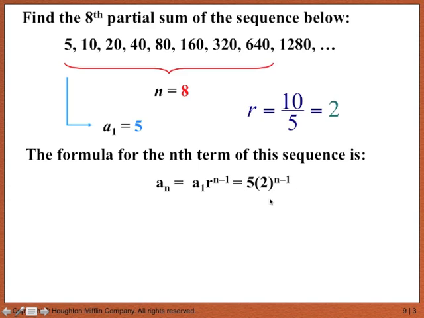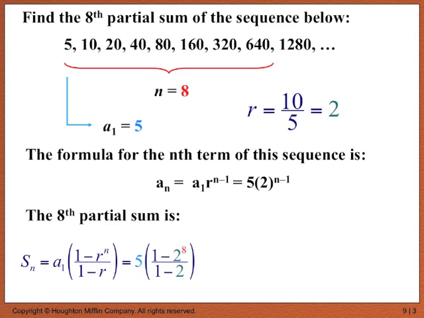And I'm asked to find the eighth partial sum of it. How do we do that? Well, you could do it the long way, going through the steps 8 times, or you could use the formula that we just arrived at on the last screen, and that's the best way to go. So the eighth partial sum, using the formula we learned, S sub n equals a sub 1, 1 minus r to the n over 1 minus r.